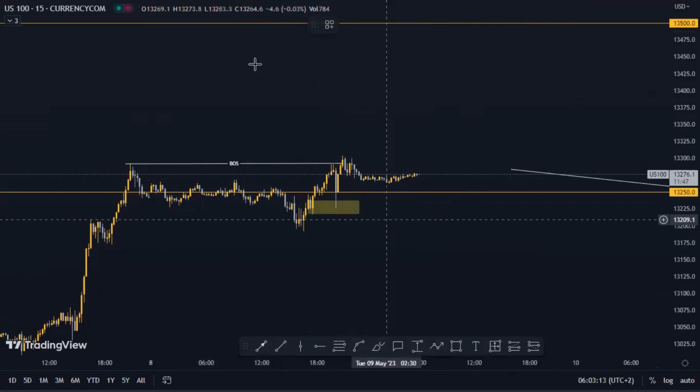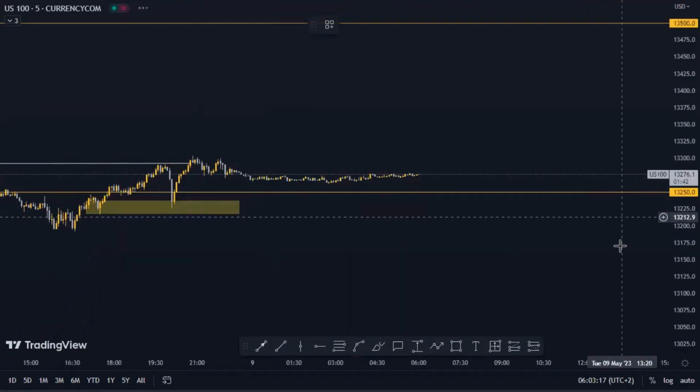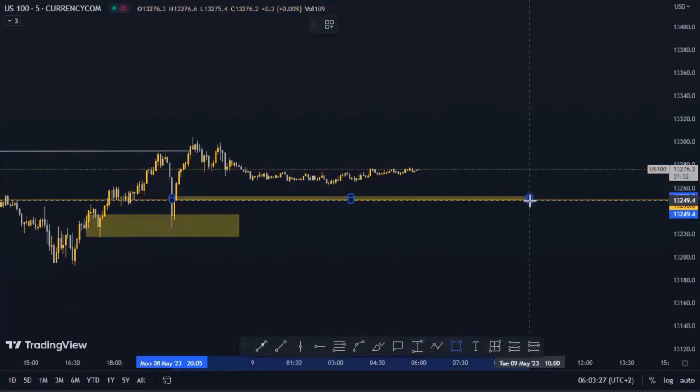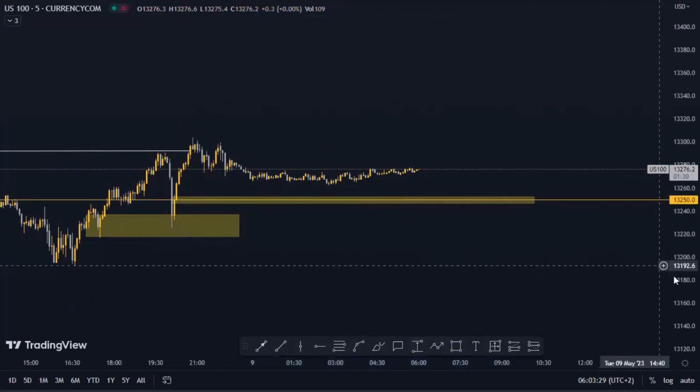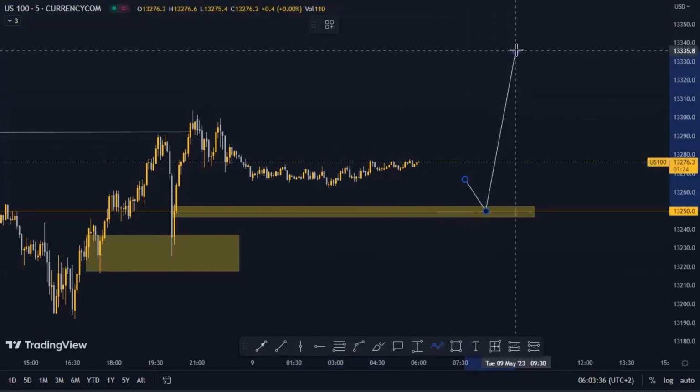And now we're pushing to the upside. I don't know, maybe we can have further entry possibilities on a 5-minute time frame. I don't know, maybe QML somewhere down here. We'll see. Maybe somewhere here. So probably this is something that you can find on your 5-minute or something. But yeah, so this is what I would be anticipating here.